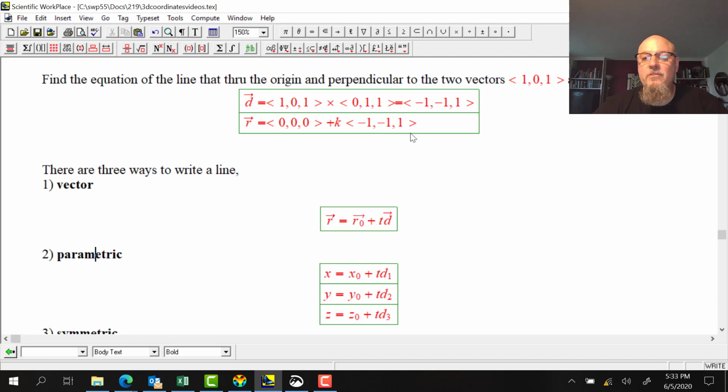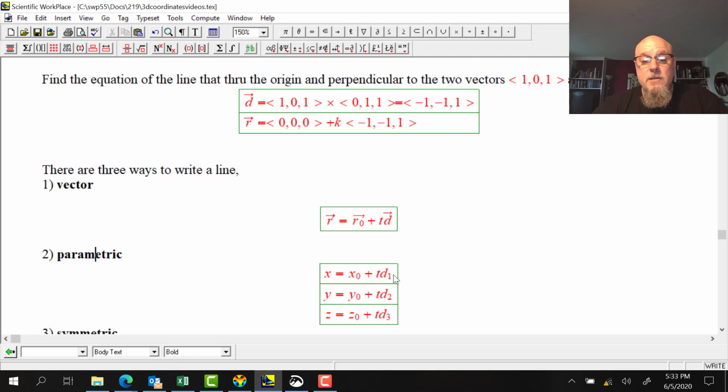So there I'm just expressing the x and the y and the z separately. That's what parametric is. The point that the line goes through is x naught, y naught, z naught. The direction vector is d1, d2, d3. So I'm just expressing each component with the t parameter, our one-dimensional parameter.